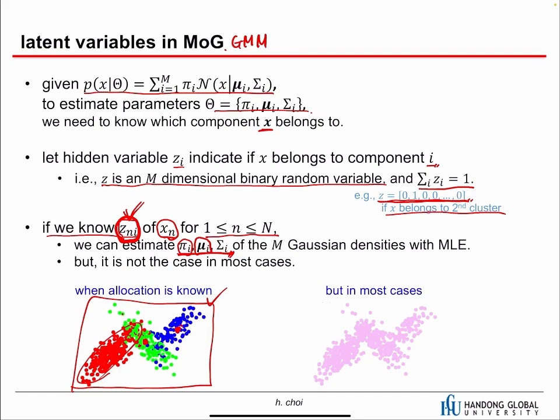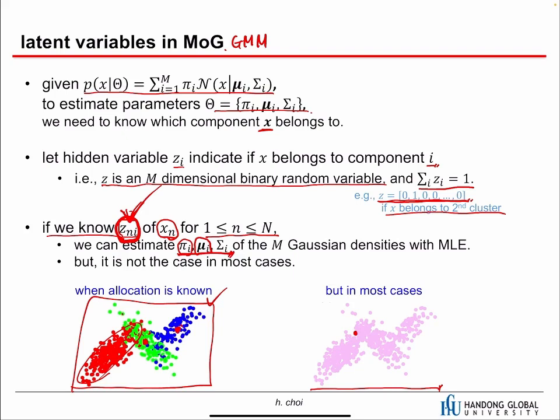So if this is the case, then life is easy, but it is not the case in most cases. In most cases, we have samples in this way, so we have no idea which component xn belongs to. For example, if we have one point here, does it belong to the first cluster or the second cluster? We don't know.